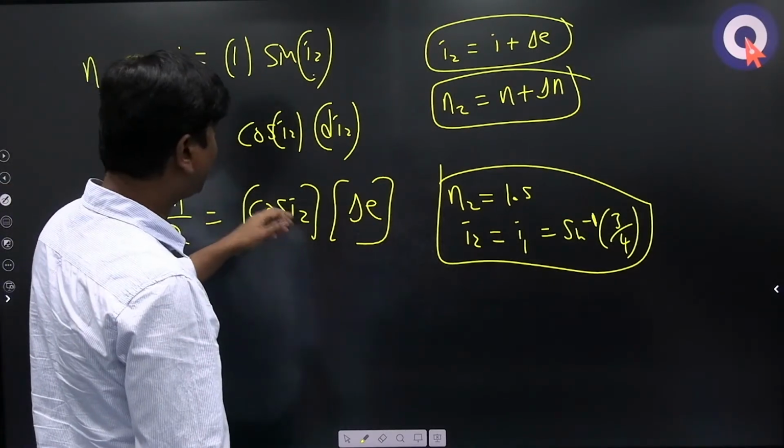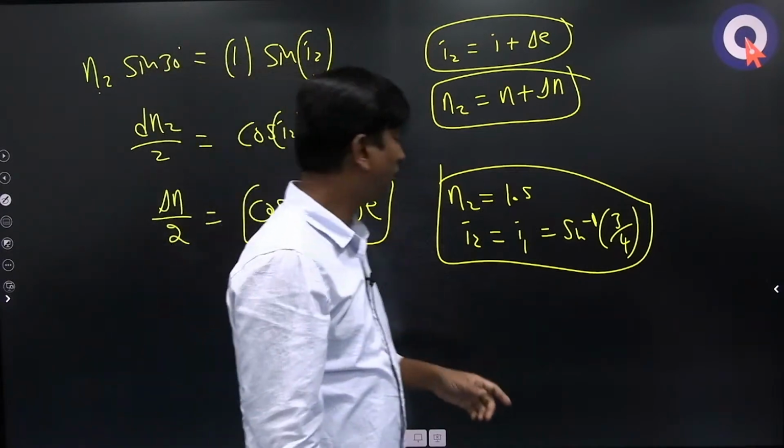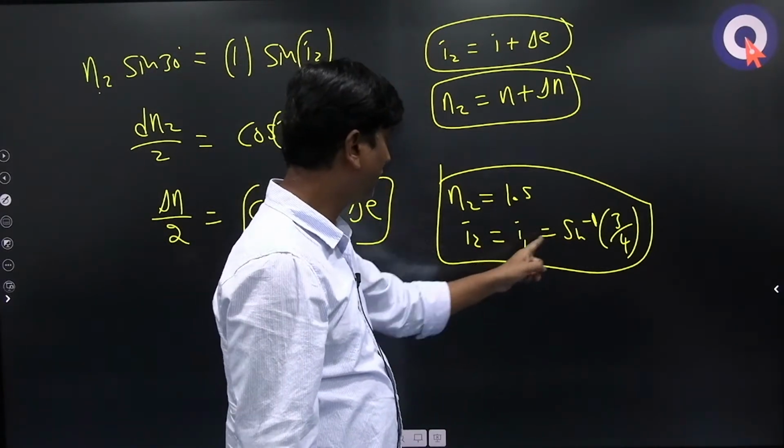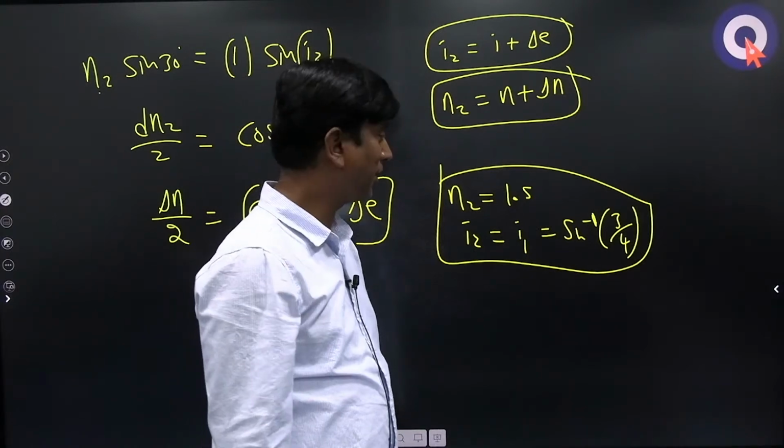Here sin of I2 is the same as sin of I1 at that particular instant, which is 3 by 4.